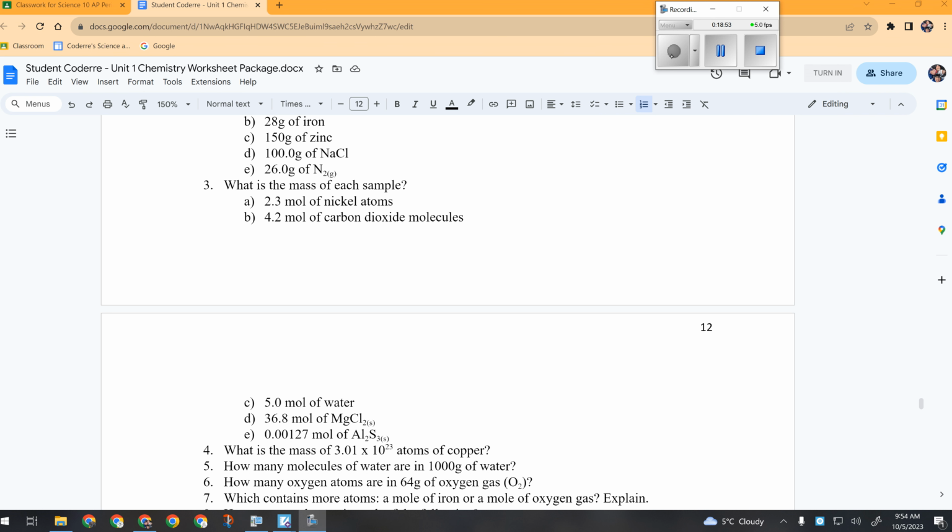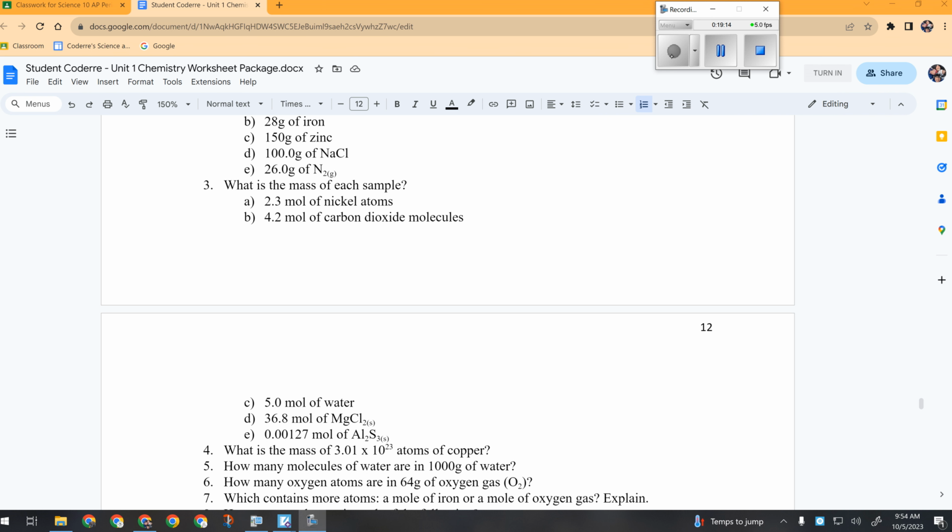So iron comes as single atoms when it is by itself. Oxygen is a special element, and oxygen gas is O2. So a mole of iron would have 6.02 times 10 to the 23 atoms of iron.